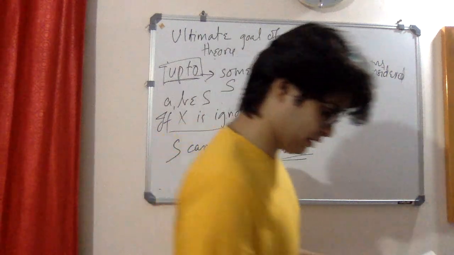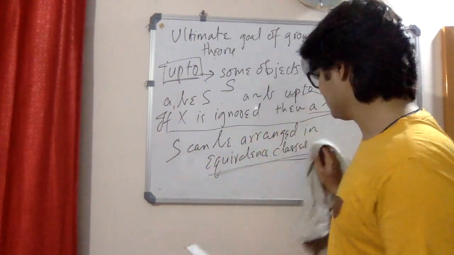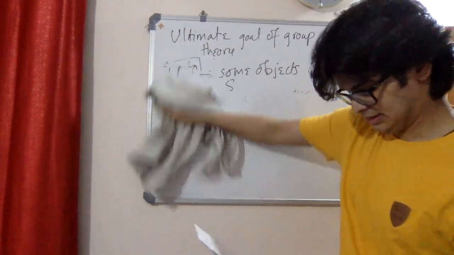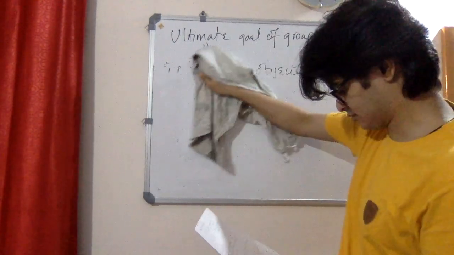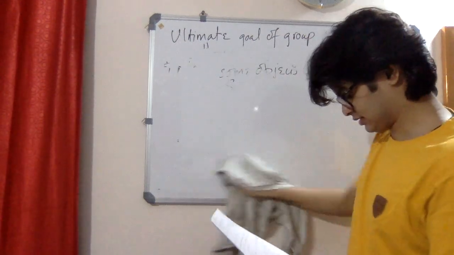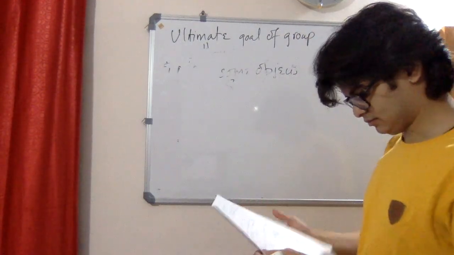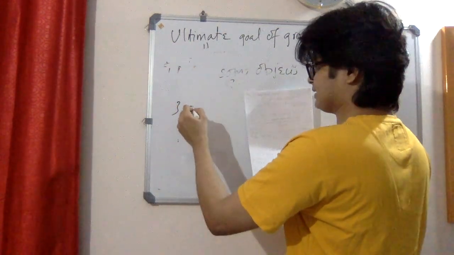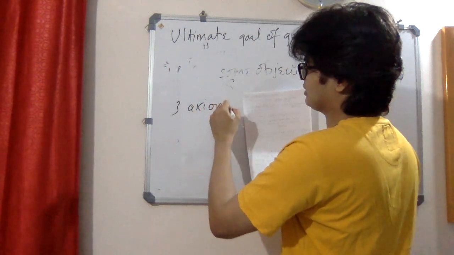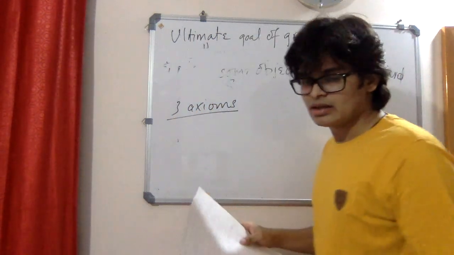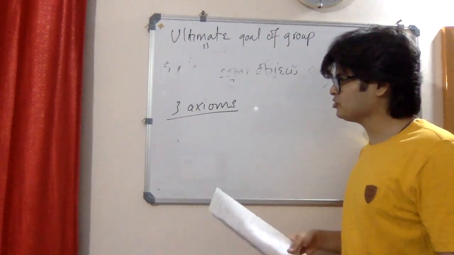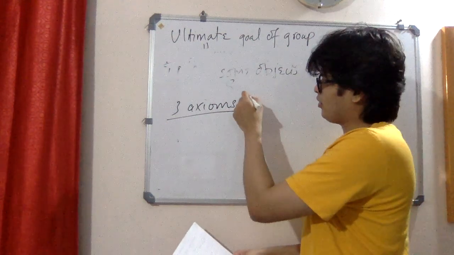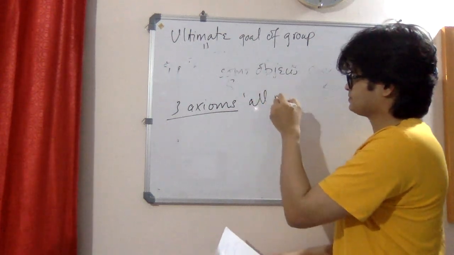Now, my closing remark would be, how do we know that the three axioms which we earlier deduced from the observation of the symmetries are all properties of the groups?